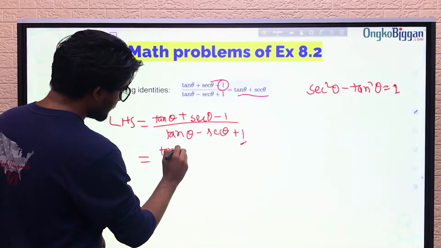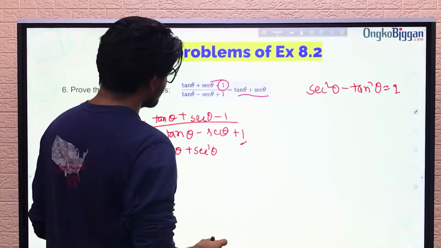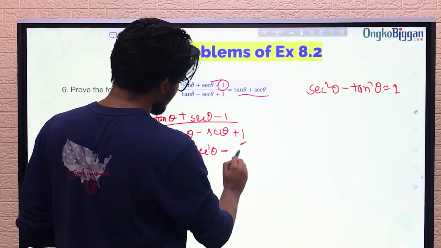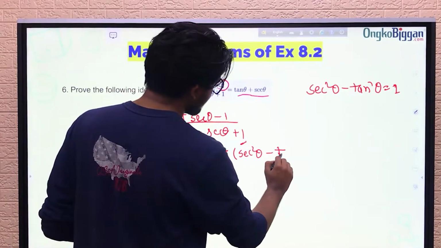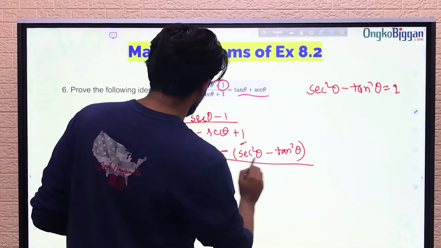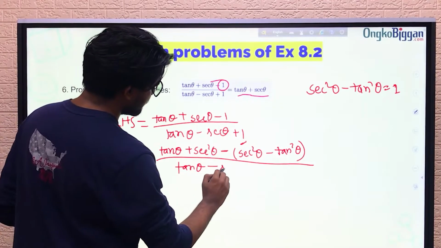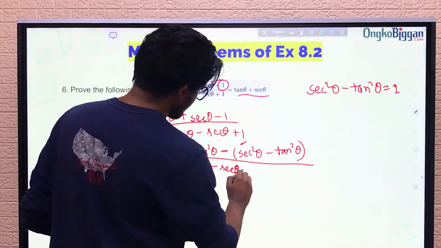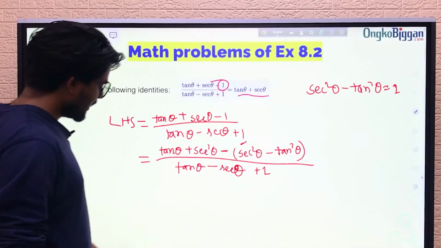So tan theta plus sec theta minus (sec square theta minus tan square theta), and we write the same thing as the denominator, tan theta minus sec theta plus 1.